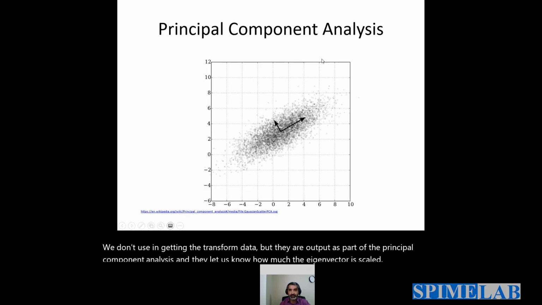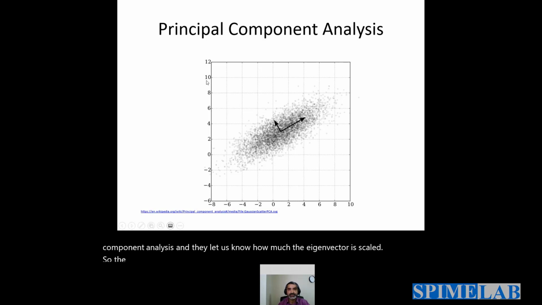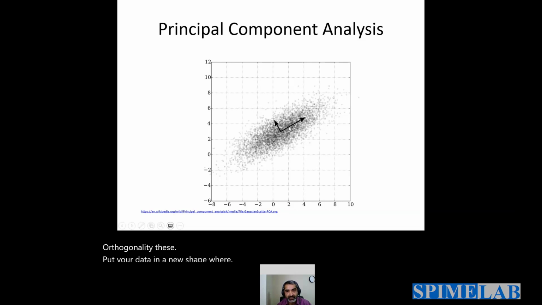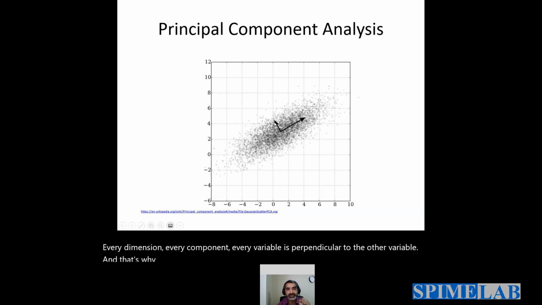So the intuition from this image is orthogonality. These vectors put your data in a new shape where every dimension, every component, every variable is perpendicular to the other variable. And that's why their correlation is 0. When two vectors are perpendicular to each other, their correlation is 0.